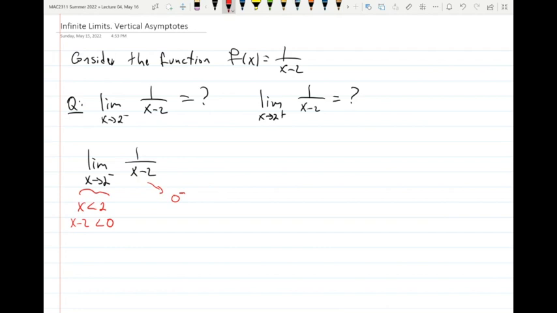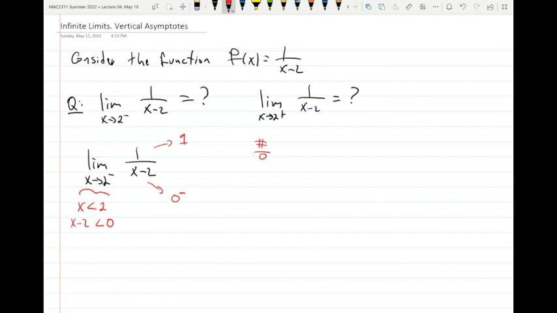Yes? So the closer you are to 0 from the left, then this fraction is going to be getting smaller and smaller. So in absolute value, it gets bigger and bigger. But the thing is that we're dealing with negative numbers now. Do you understand? Positive divided by negative. So the bottom gets close to 0, the top gets close to 1. So whenever you see something like this, this has the shape of number over 0.